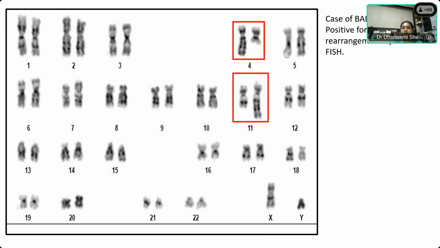Okay, I think this is the last one. This is a case of B-ALL, where KMT2A was positive by FISH. Can someone identify what abnormality this is? This is again shown by Dr. Mayur. The images were fantastic. So this is a simple example.